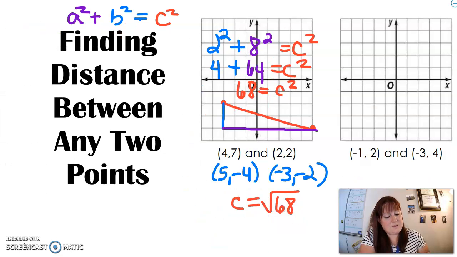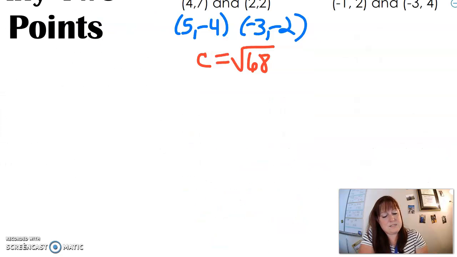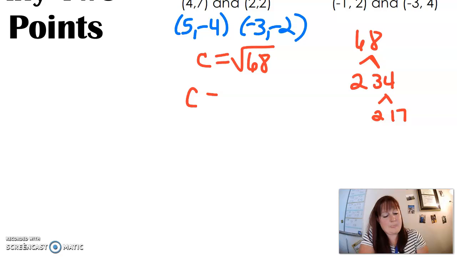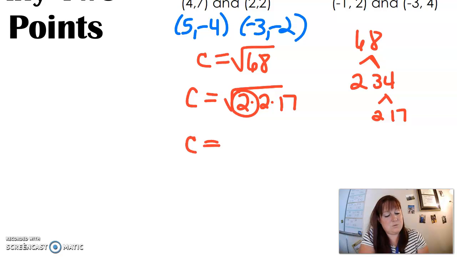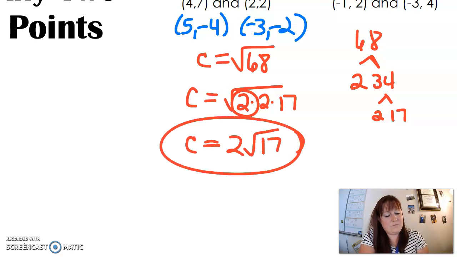Then we can simplify this if we want. Let's see, 68 is 2 and 34. 34 is 2 and 17. So 68 is the same as 2 times 2 times 17. So we can take one of those 2's out, and we have c equals 2 root 17. All done.